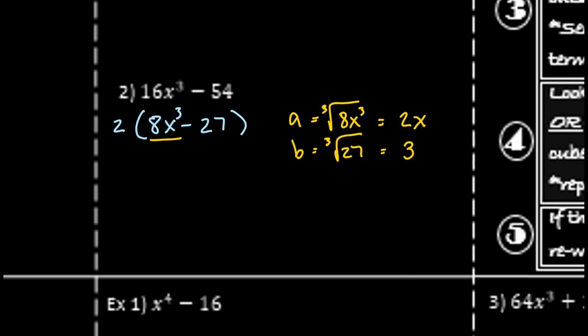So then all I need to do now is take these values and plug them into our formula. So it's A, 2x, minus B, which is 3. And then it's A squared. What is 2x squared?